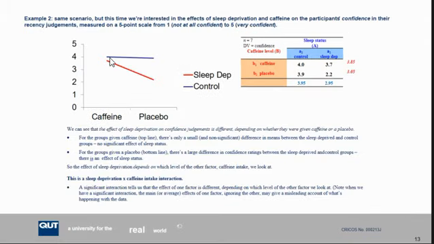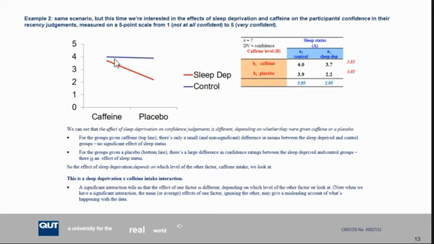In this case, the people in the control condition had the same level of confidence in their recency judgments, whether they received caffeine or whether they received a placebo. However, the people in the sleep deprivation condition, those people who were exposed to sleep deprivation, felt more confident in their judgments when they were given caffeine than when they were given a placebo.